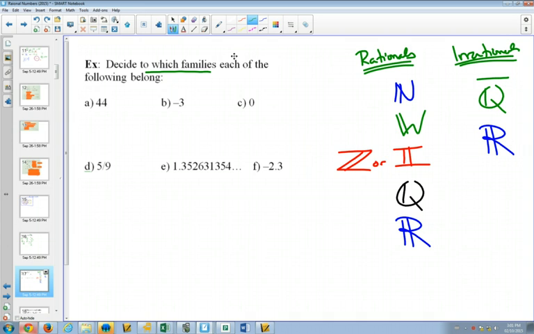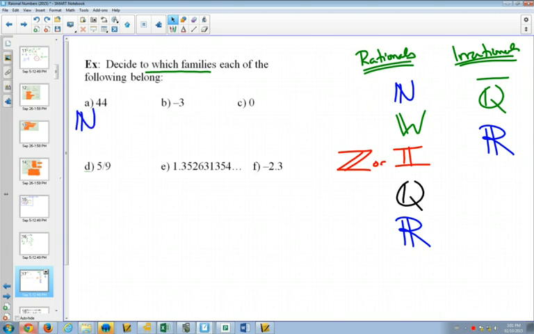Then when you go to look at a number, like our first one is 44. What is the smallest family that 44 belongs to? First of all, is it part of the rational group or irrational? It's part of the rational. Now, of the rational ones, what's the smallest one it belongs to? The natural ones.